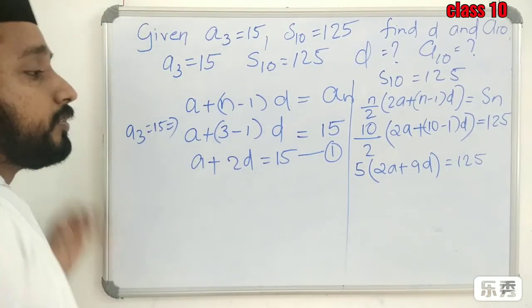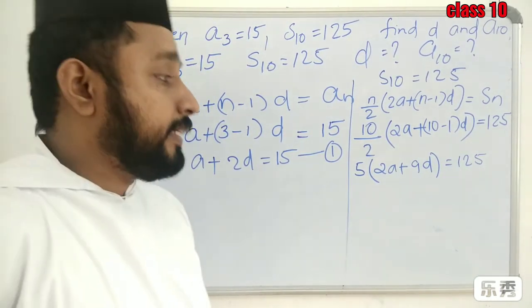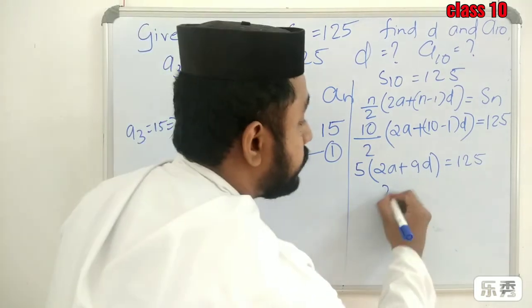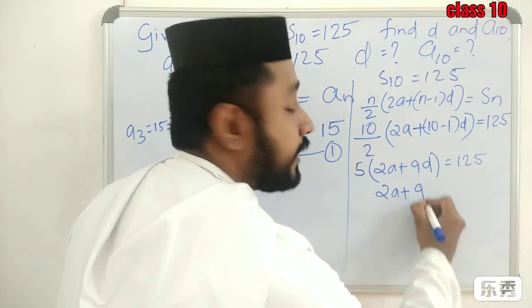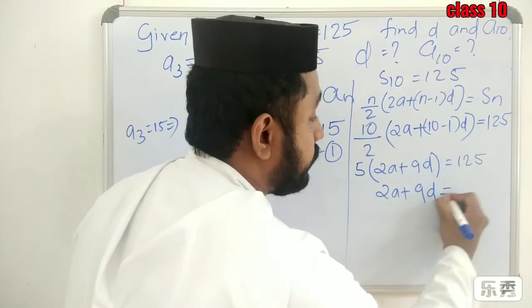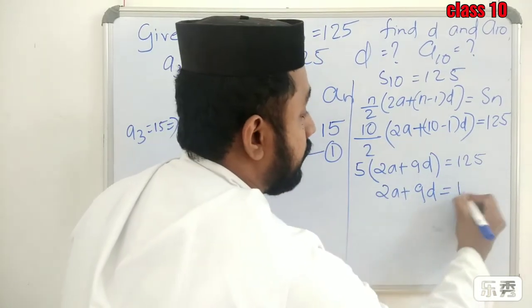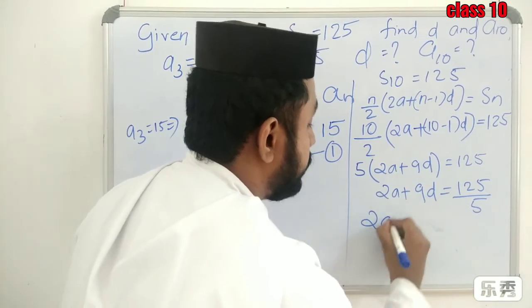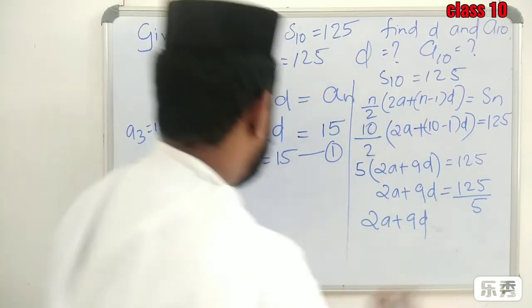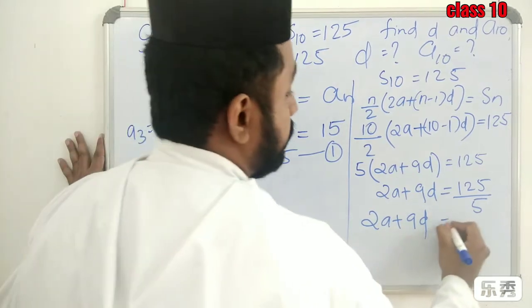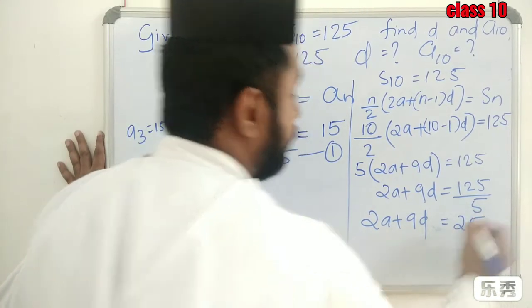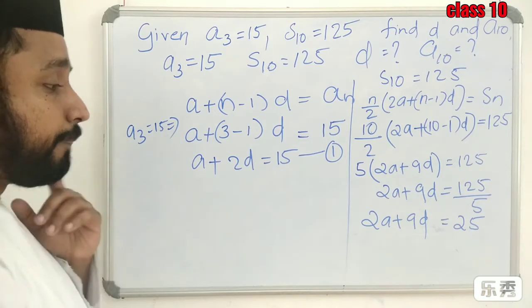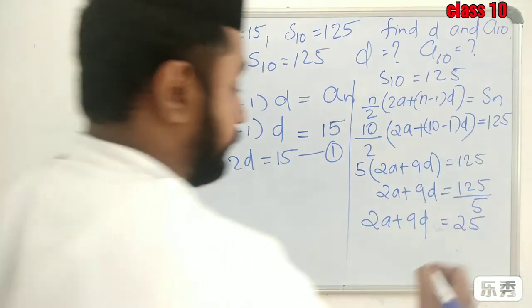So 5 into (2a plus 9d) is equal to 125, which means 2a plus 9d is equal to 125 by 5, that is 25. So 2a plus 9d is equal to 25.